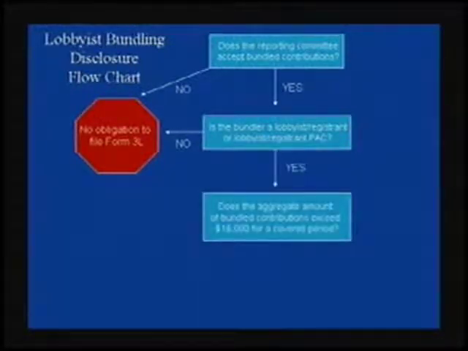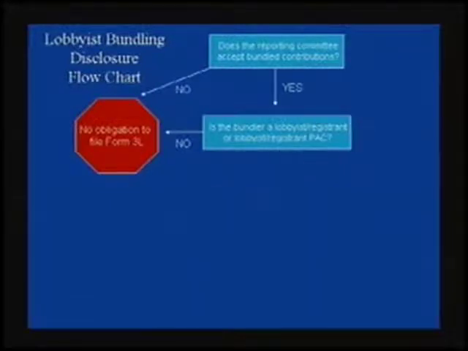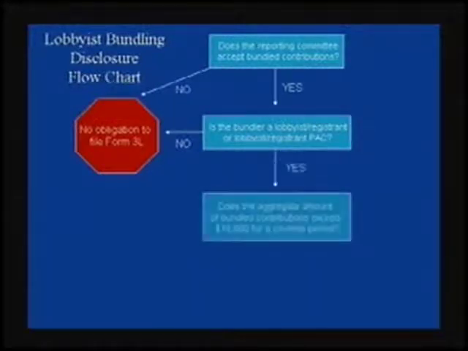But let's say you do give credit to lobbyists. The last question you need to ask is the disclosure threshold. Because remember, the bundling disclosure doesn't just happen with the first bundled contribution. It has to exceed the $16,000 during the covered period. And so if it doesn't do that, you receive a couple bundled contributions and they add up to $10,000, then you're not going to be filing this because it doesn't meet the $16,000 threshold.